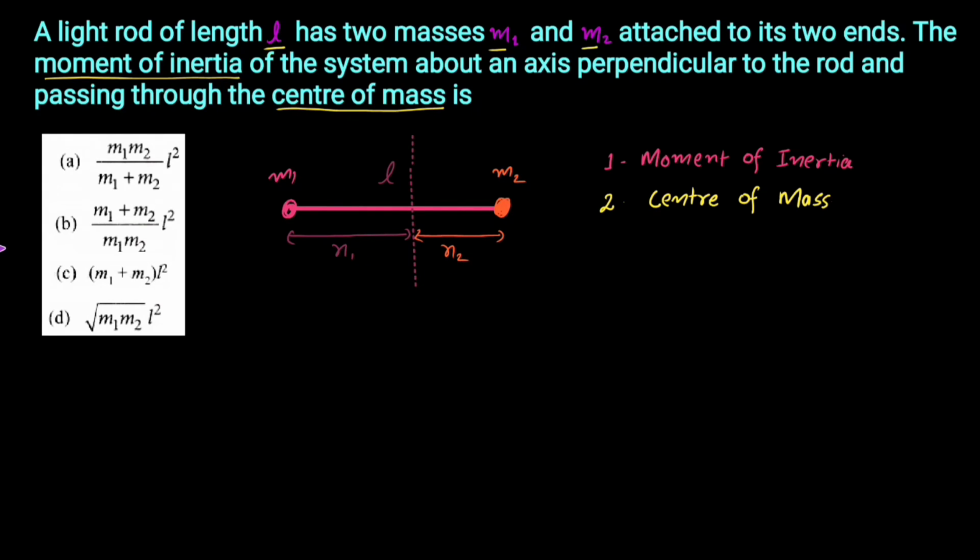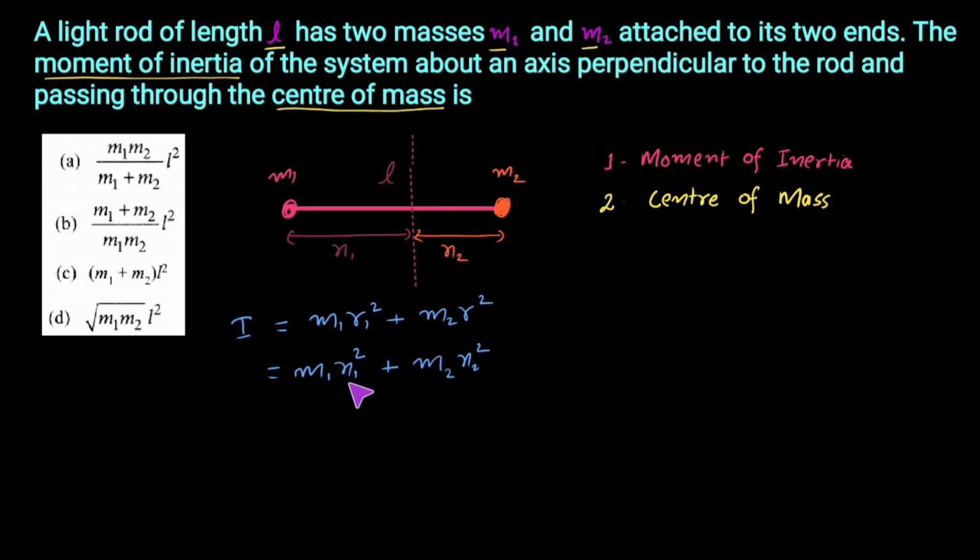Now the moment of inertia of this object is I = m1 r1² + m2 r2². Here r1 is the perpendicular distance of m1 from the axis of rotation, which is x1, so this is m1 x1² plus m2 x2², where x2 is the distance of mass m2 from the axis of rotation. So this is the moment of inertia of this object.